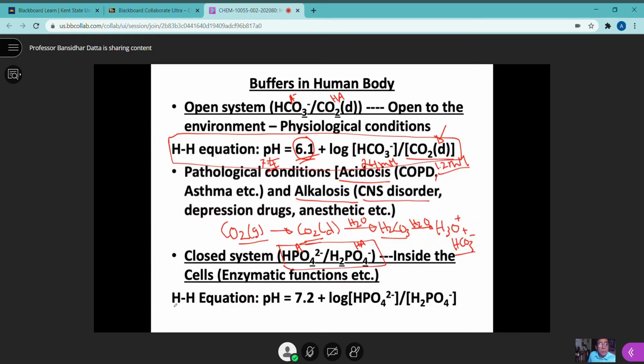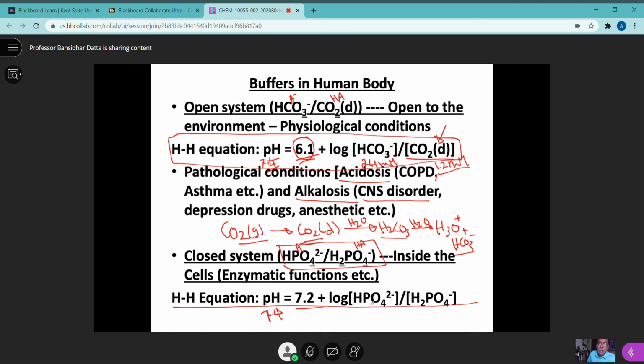Therefore the Henderson-Hasselbalch equation looks like this: pH equals pK, that middle pK for the phosphoric acid is 7.2, plus log of concentration of HPO4 2 minus divided by concentration of H2PO4 minus. And our required pH is 7.4, and you have a 7.2 pKa, very close, and therefore you don't need much.